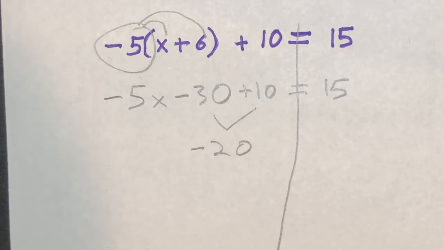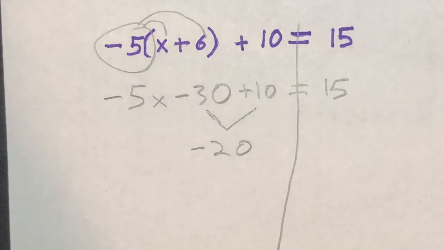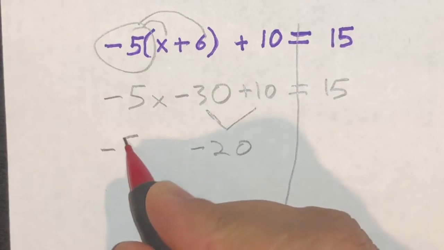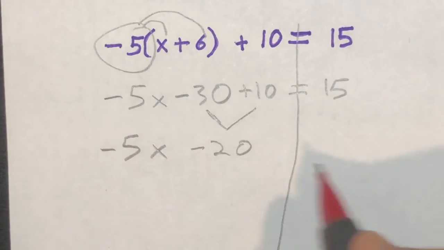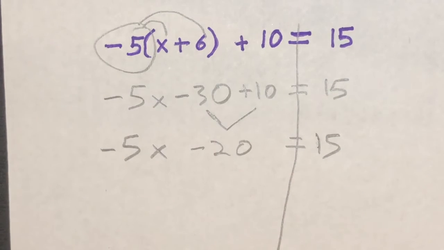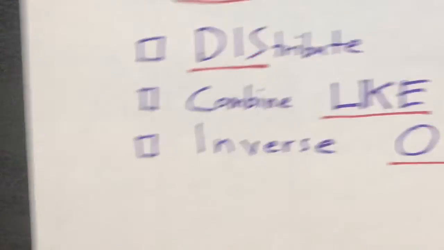That could be the Chromebook calculator, it could be on my phone, whatever. I know you maybe don't have the big fancy graphing calculators on you, so just do whatever you can to compute that if you can't do it in your head. Everything else we bring down: -5x in front, equal sign, 15. Now we've combined like terms.